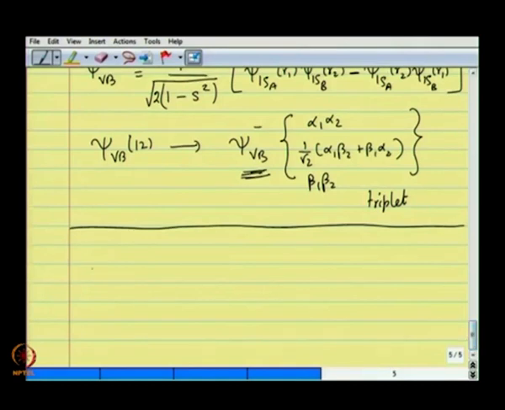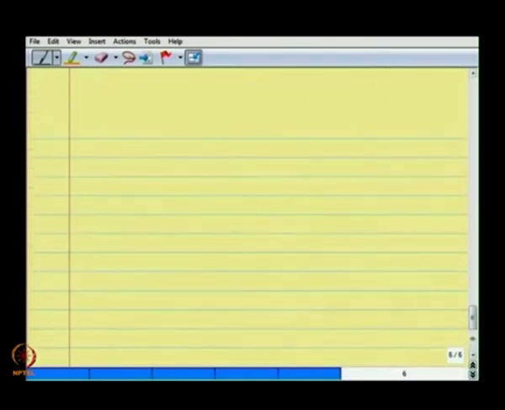So what is the Hamiltonian for the hydrogen molecule?